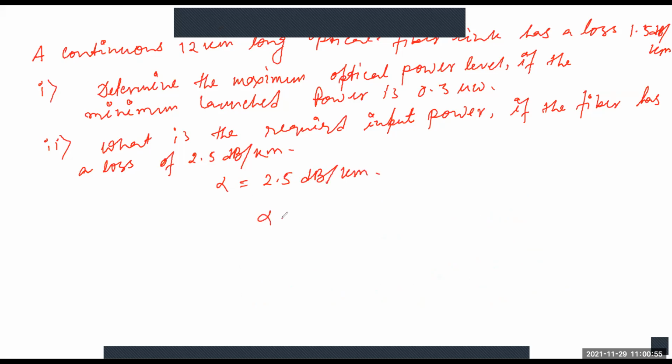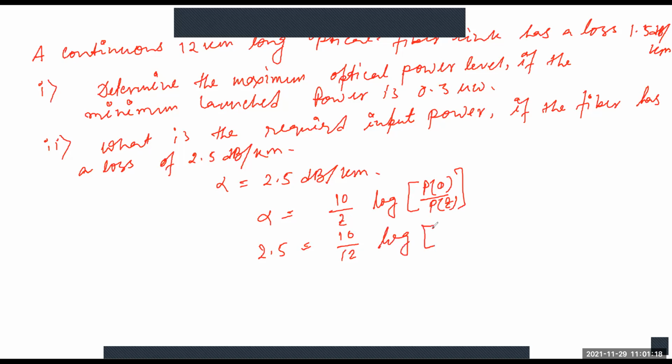So alpha equals 10 by z log P naught by Pz. So 2.5 equals 10 by 12 log of P naught by 4.76 into 10 to the power minus 9.